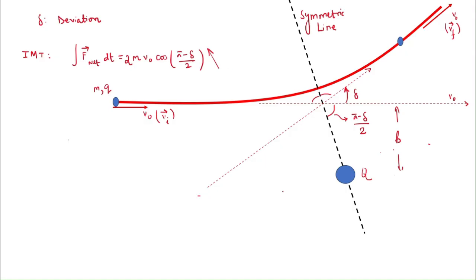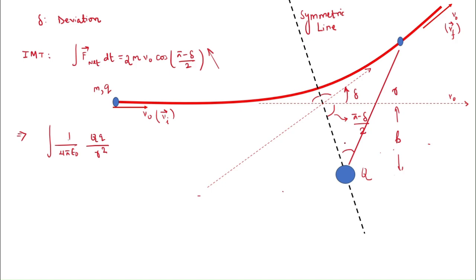Now let us write down the F net vector. This implies integral 1 upon 4 pi epsilon naught, q upon, now this separation from here to here, let us suppose that separation is some r. So I will write upon r square. Now I know that only this component along the symmetric line is responsible for all the change. So now I will not bother about the net vector, but just the vector along the symmetric line.